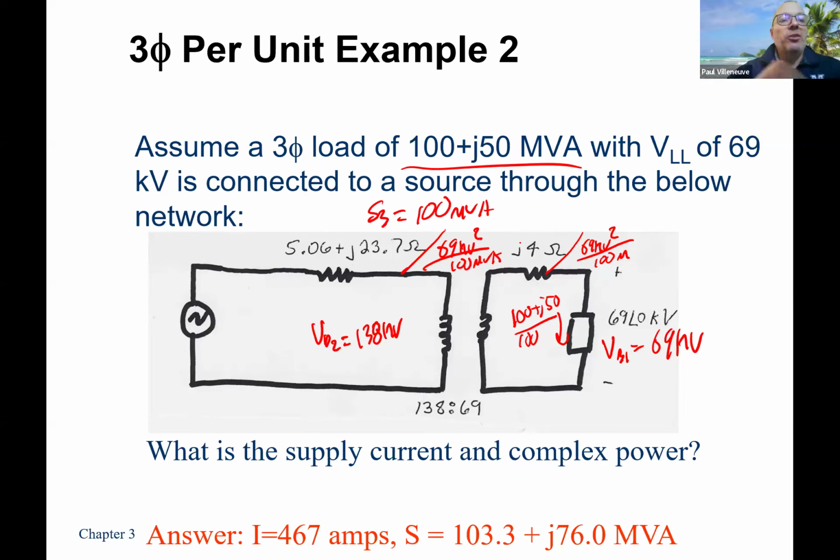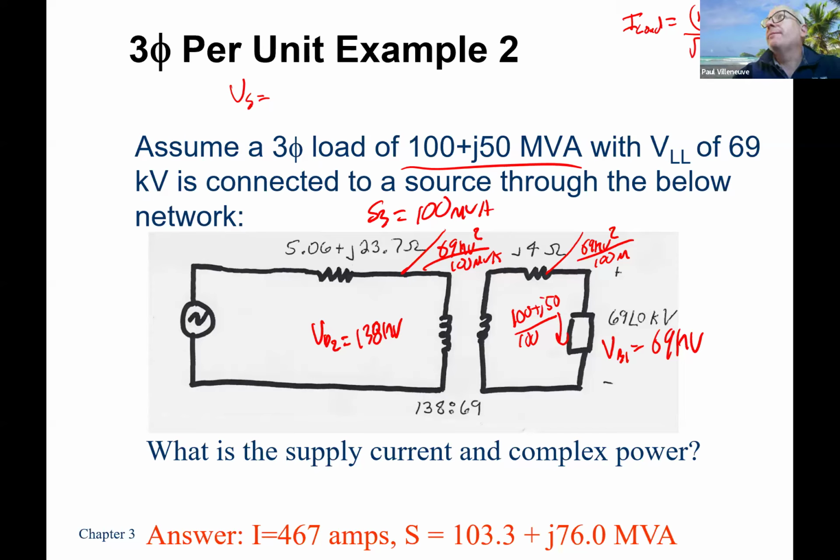So now the current I to the load is going to be equal to, from S equals V I conjugate, 1 plus J.5 conjugated, divided by the square root of 3.